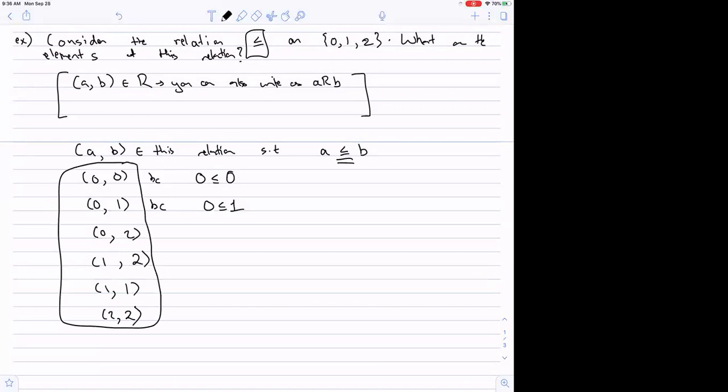Does this make sense, or is it confusing? Is it okay? I think so. So what if you change this relation from less than or equal to just less than? Then which elements would be in the relation?